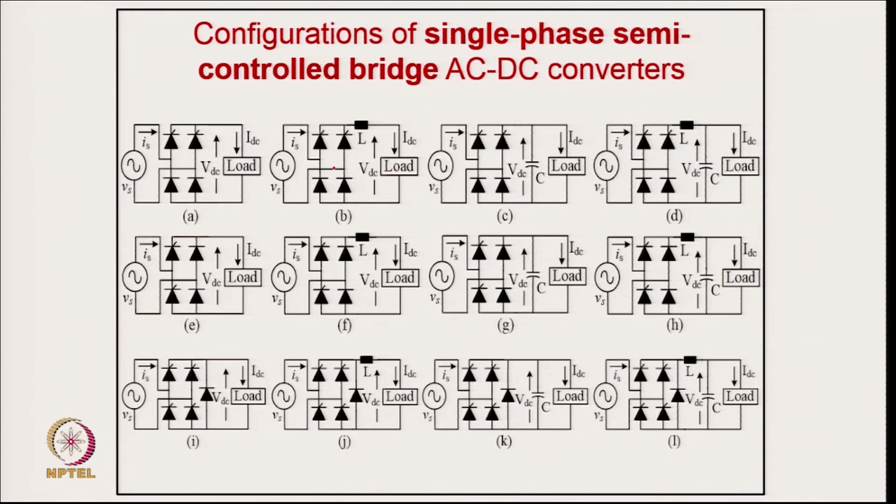If you look into the bridge semi controlled converter of different configurations, maybe you have 2 thyristors and 2 diodes, in some cases only 4 thyristors with 1 diode, or 2 diodes and 2 thyristors, with different kinds of filter arrangement. This is what you can call a semi converter.